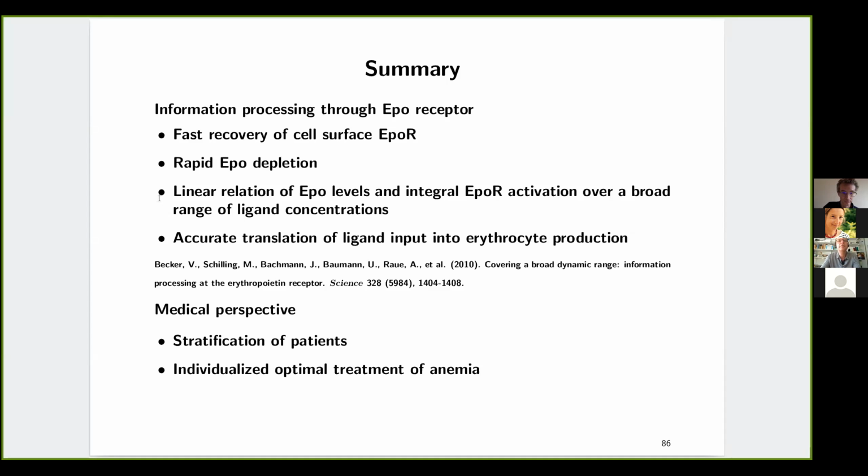And we saw that we have this linear relationship between the outside Epo levels and the integral of the Epo receptor activation, and this allows for pretty accurate translation of the ligand input, and then in combining it with a pharmacokinetic and pharmacodynamic model, we could see that we can stratify patients by just looking at one of these patient individual parameters, degradation rate of the red blood cells, of the hemoglobin, and we can use this for an optimal treatment of anemia in single patients.